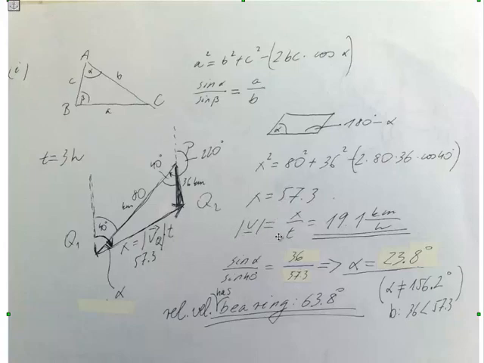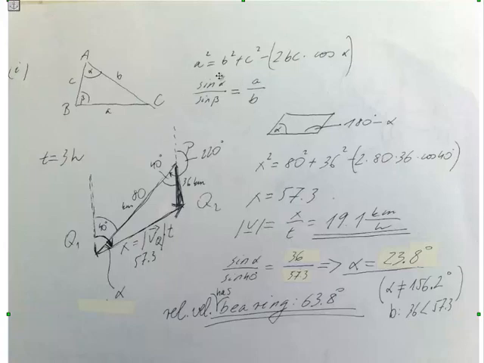Velocity is equal to distance over time. So this value over 3, we get that the relative velocity is 19.1 kilometers per hour.